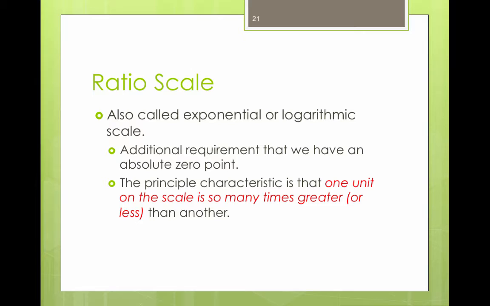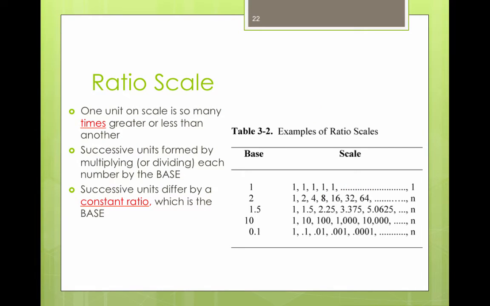The principal characteristic is that one unit on the scale is so many times greater or less than another. So you multiply or you divide the base, whereas with the linear scale, you're either adding or subtracting from the base. With the ratio scale, you're multiplying or dividing by the base.